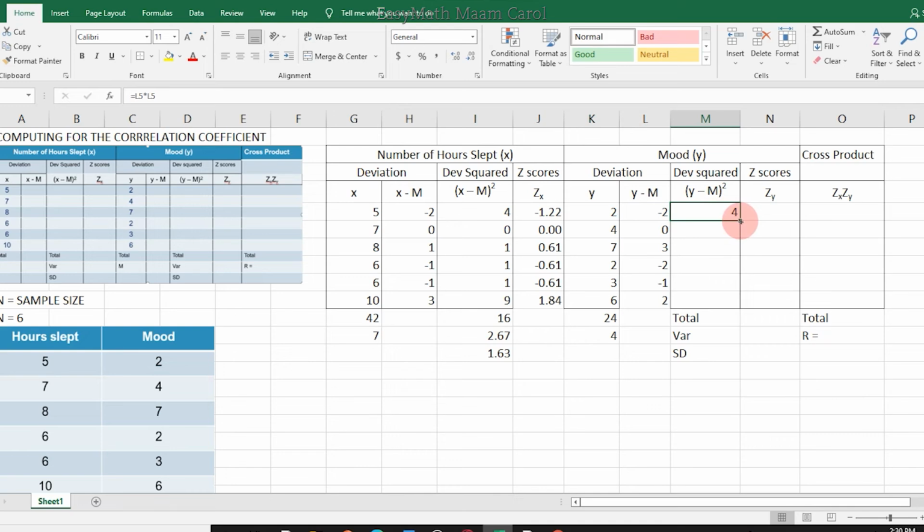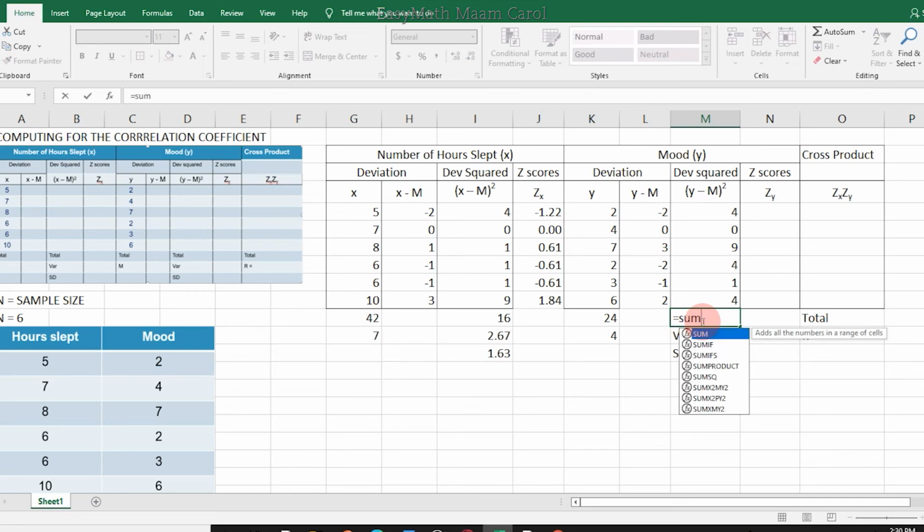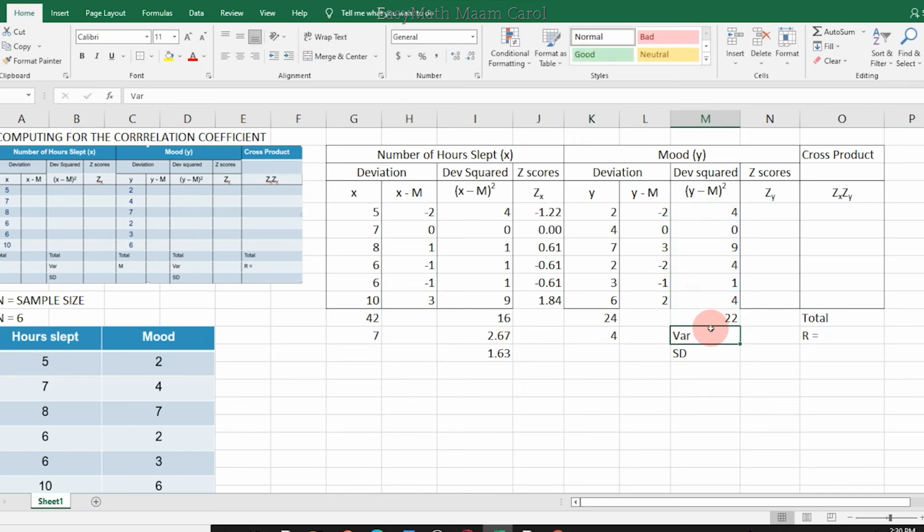And then, we drag this. Okay. Get the total. Divide it by 6.